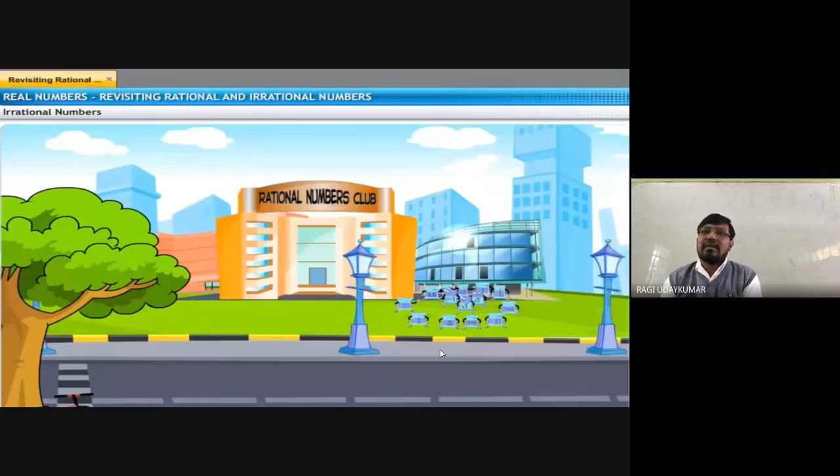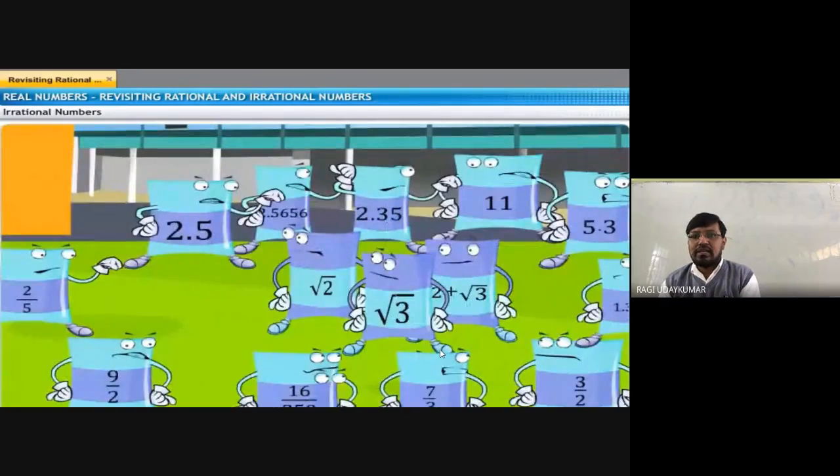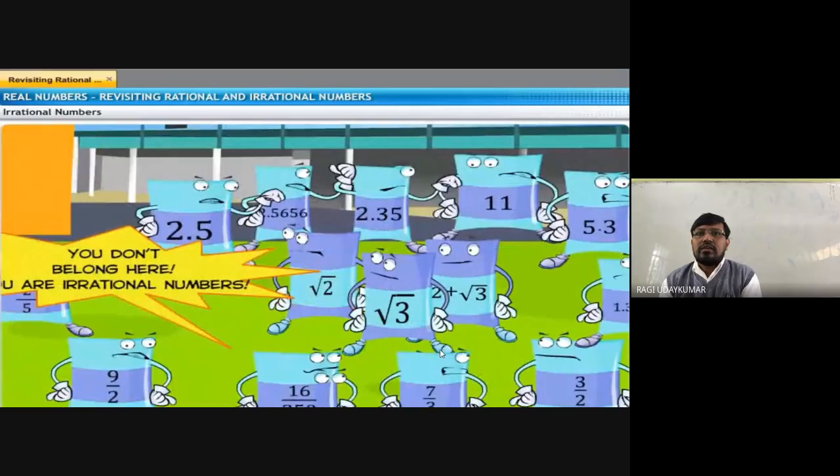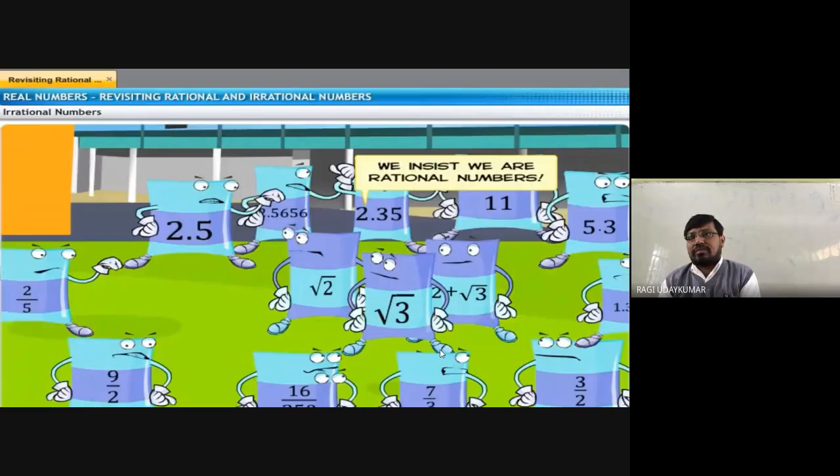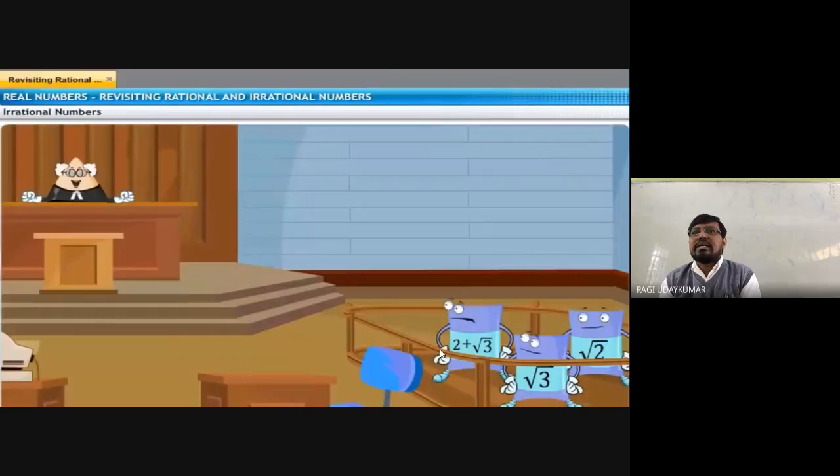So there is a rational numbers club. Here you are asked to classify the numbers as rational and irrational. Here some numbers are shown to you. In this, these do not belong to the irrational numbers; these are the ones that insist they are rational numbers. If one situation is taken into consideration, 2 plus root 3 is one of them.